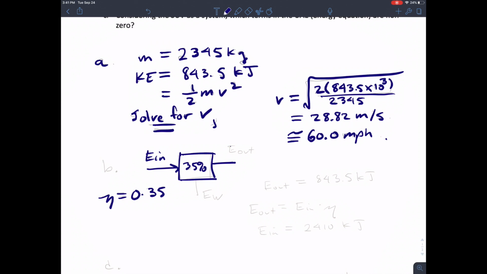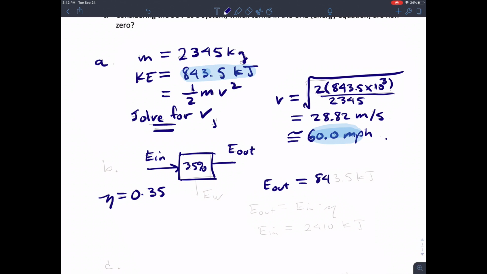So what comes out when we accelerate this up to 60 miles an hour? We're getting that energy from the chemical reaction with the gasoline. The energy out has to reach the kinetic energy for the SUV, which we got from the previous parts. At 60 miles an hour, the kinetic energy is 843.5 kilojoules.